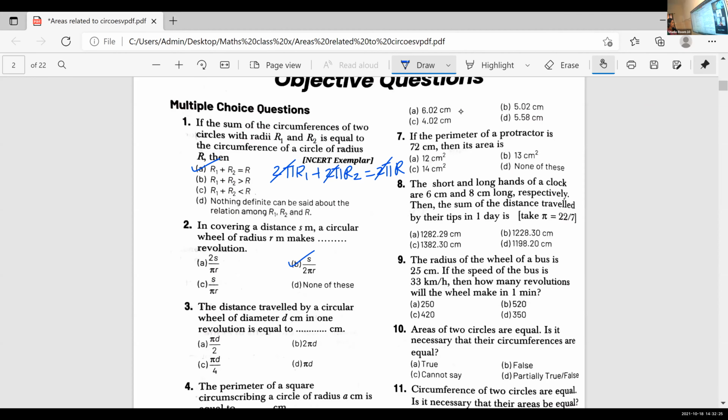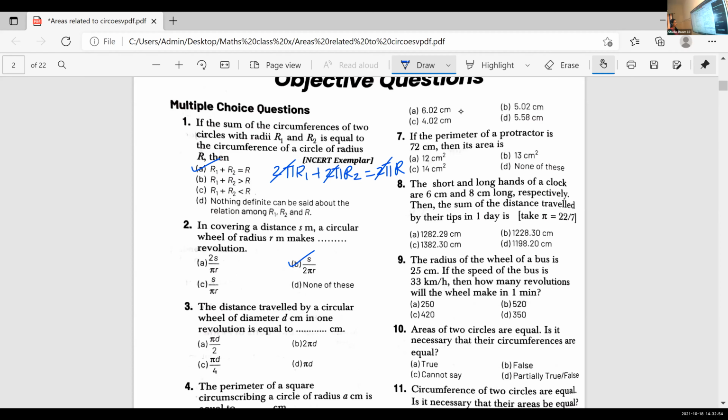Next one. The distance traveled by a circular wheel of diameter d in one revolution is equal to how many centimeters? Heinz Steve, give the answer.